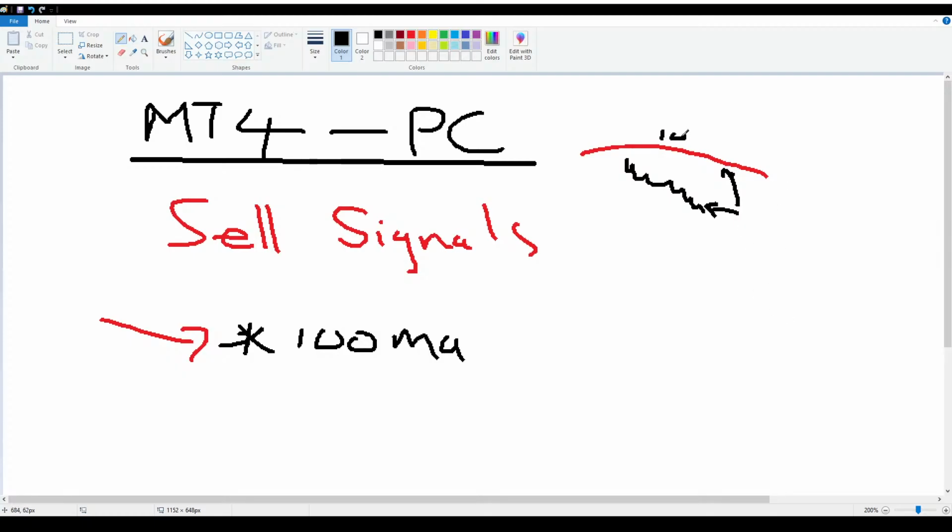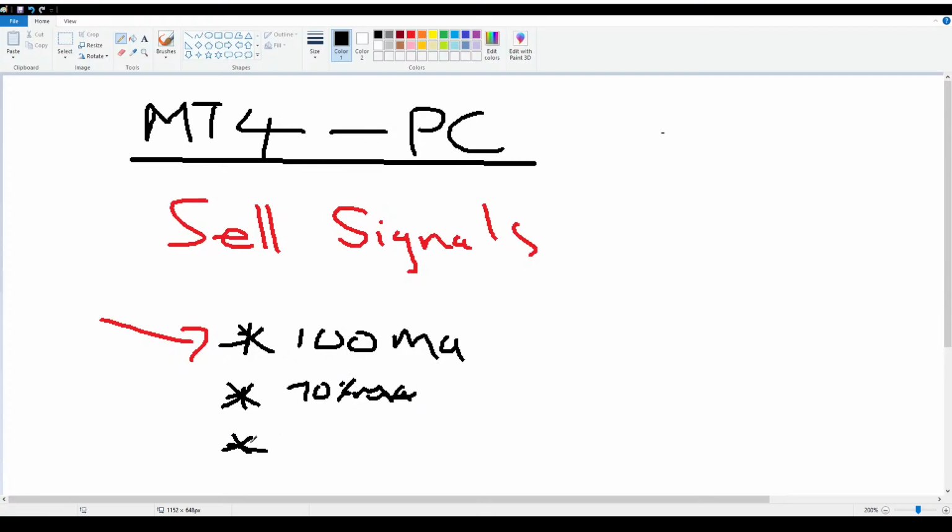If the red line is the 100 moving average, and this right here is the price, if the price is underneath the 100 moving average, then that's good. That's the first confirming factor that we need to see, so that we can actually take the trade. And then the next thing that needs to be visible is that the volatility meter has to be at 70% or above.